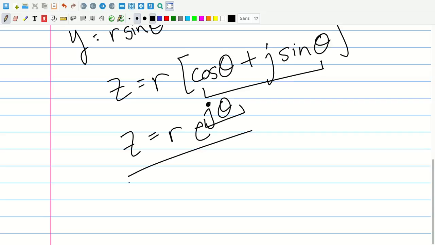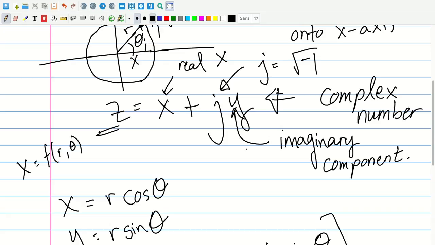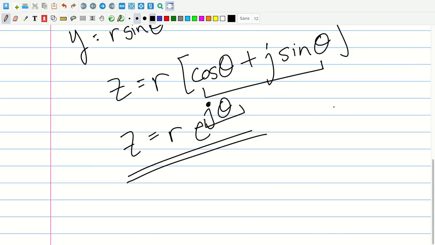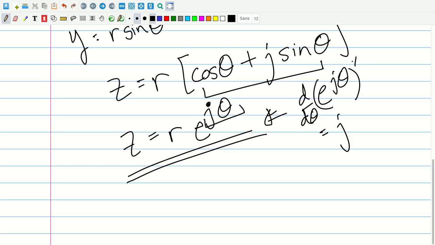Using this sort of notation is much easier than dealing with sines and cosines, and the reason is the integrative and differentiative nature of e to the j theta. If you differentiate e to the j theta, it's very simple. These exponentials are very useful. If I differentiate with respect to theta, I just pull out a j and get j e to the j theta.